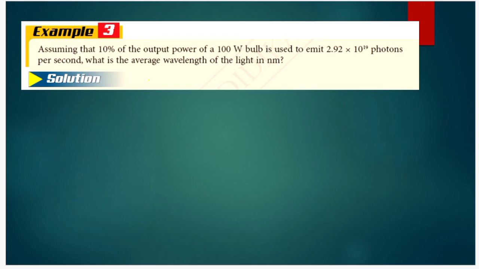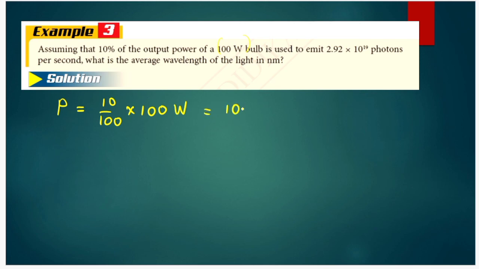Example 3. Assuming that 10% of the output power of a 100 watt bulb is used to emit 2.92 times 10 to the power of 19 photons per second, what is the average wavelength of the light in nanometer?